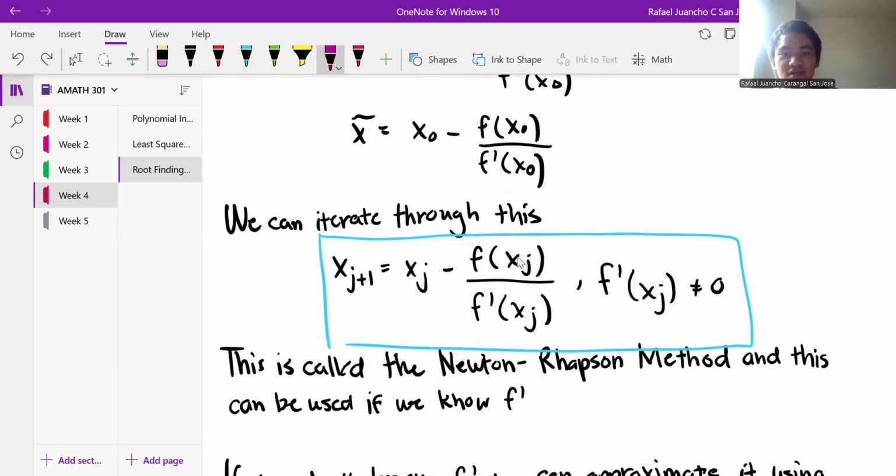So instead of x naught and x, we can say this is the following point, and this one is the current point. Here xj is the current point, and xj plus 1 is the following point, the next point.